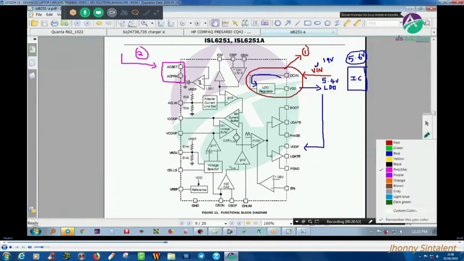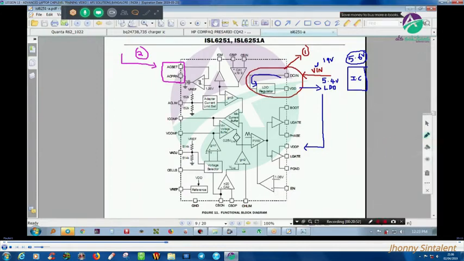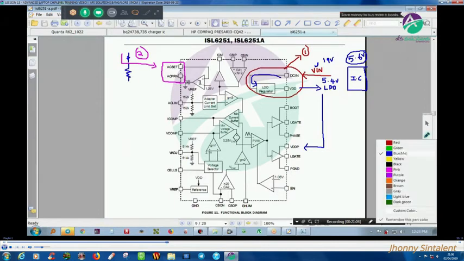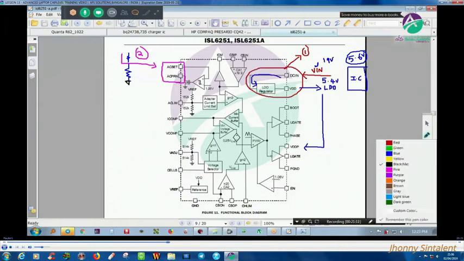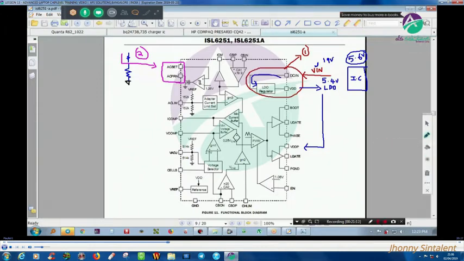How is ACSET generated? ACSET is generated with the help of a voltage divider. I have taught you this voltage divider. One end will be connected to ground and the other end will be connected to my V in.